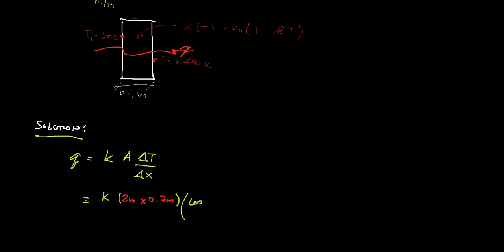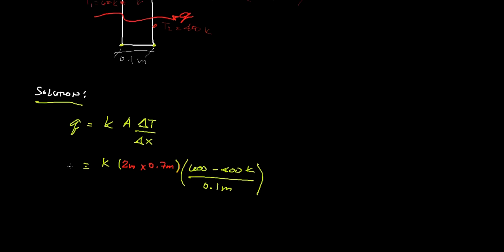So we have 600 minus 400 Kelvin, and our delta X, from this point up to this point, is the 0.1 meter thickness of the plate.